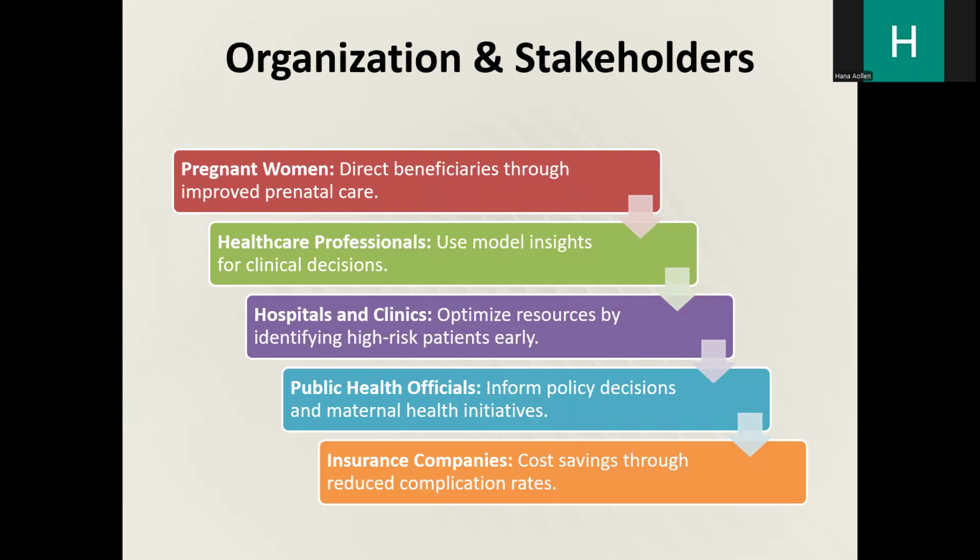Hospitals and clinics optimize resources by identifying high-risk patients early. Public health officers can inform policy decisions and maternal health initiatives. Another is insurance companies, which can achieve cost savings through reduced complication rates.